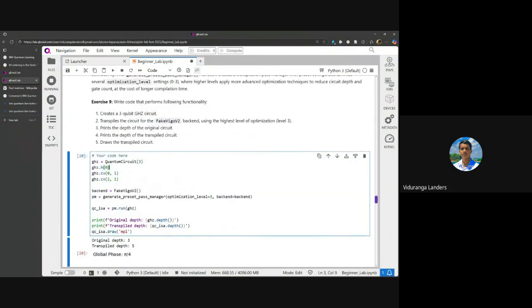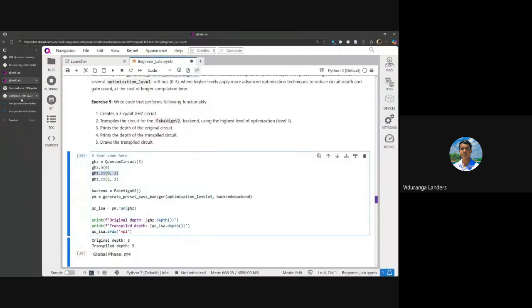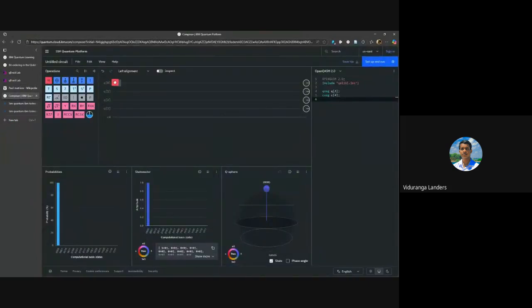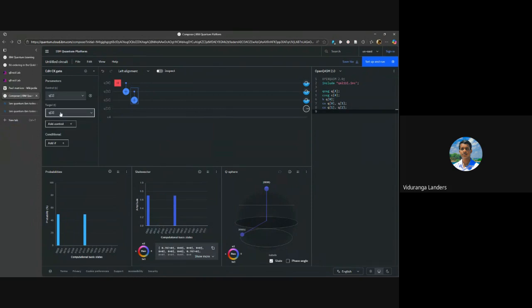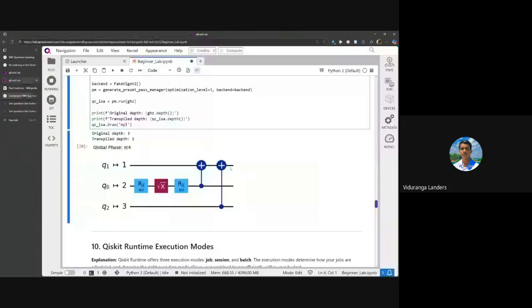I created this circuit with H gate and CX 0 1 and 2 1. So I built this circuit, and this is the one that was transpiled.